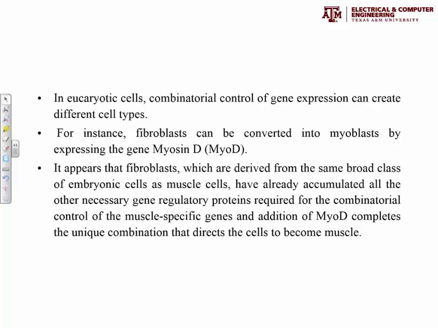So it appears that fibroblasts, which are derived from the same broad class of embryonic cells as muscle cells, have already accumulated all the other necessary gene regulatory proteins required for the combinatorial control of the muscle-specific genes. And just addition of this one gene, MyoD, the protein, completes the unique combination that directs the cells to become muscle. So it's like an AND gate. If you have 50 inputs, okay, all the others are 1. You put in 1 in the last input, and you will have a 1 at the output, right? Similar to that.